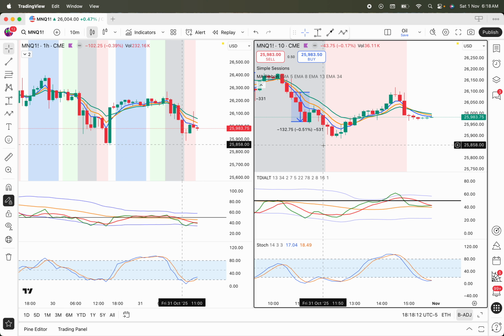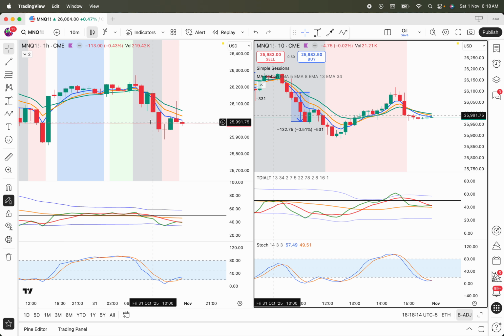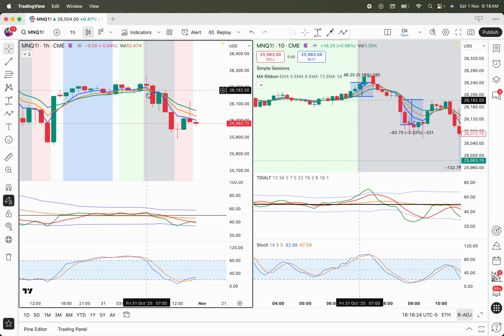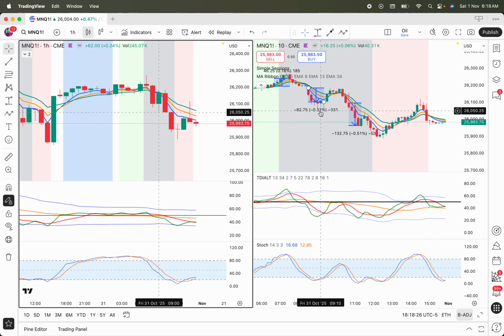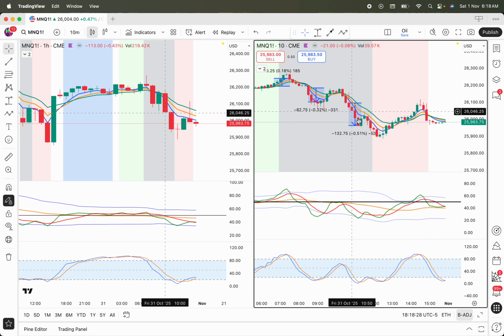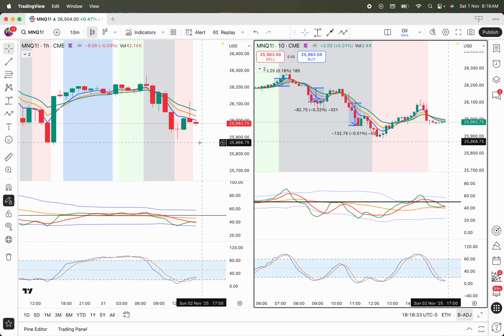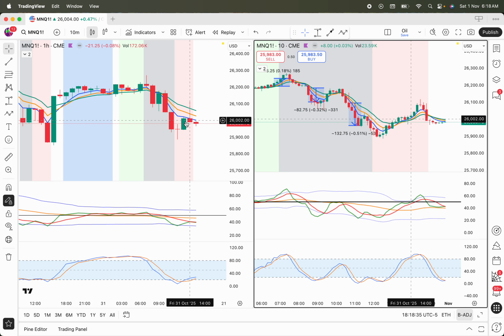You can, as I mentioned before, use another chart like a 1 hour to help with trend. So you can see here in the USA session, the grey, that it was always pushing down. Then at the very end of the night here on the 10-minute, it went back up, but the 1 hour didn't give you the signal.